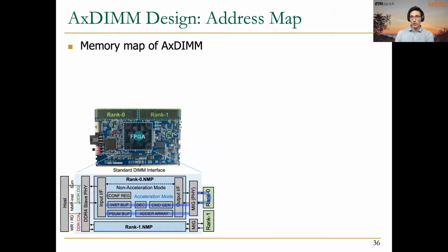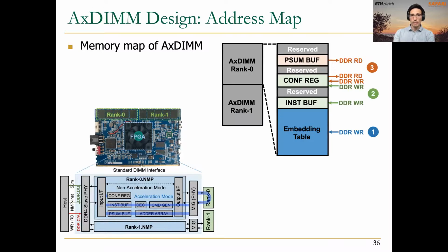The way the host processor can access these different registers that the near memory processing unit contains, and also the memory ranks, is with its own memory mapping, this address map.